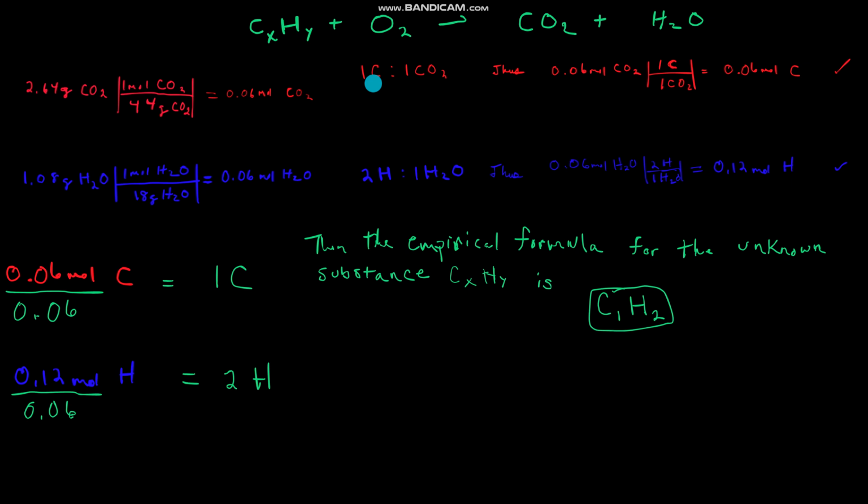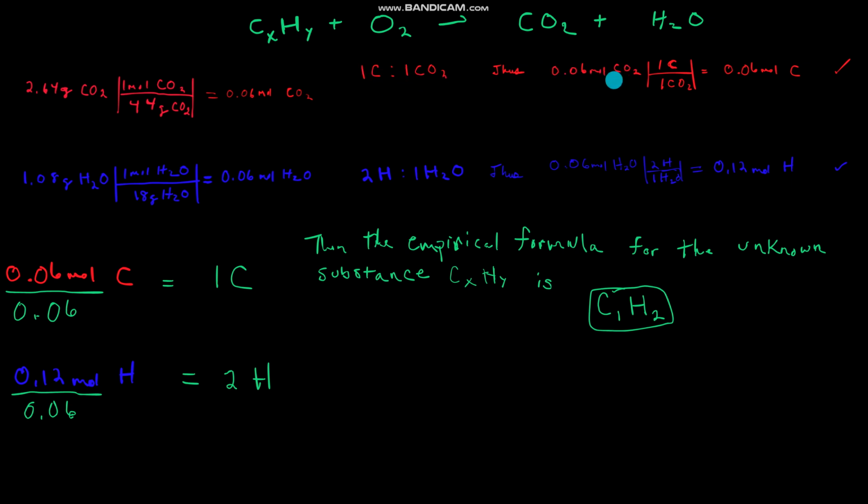Now there's 1 carbon to every 1 CO2, as given. So you can make this assumption from the CO2 that we're dealing with. We're not messing with 1 carbon on this side; we're saying that we have 1 carbon in this CO2 compound. That means 1 carbon per every 1 CO2.